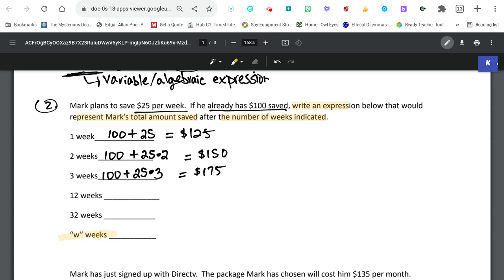Okay, so let's take a look at what we're doing. 100 is what he already has saved. Plus, the $25 is his rate of saving per week.